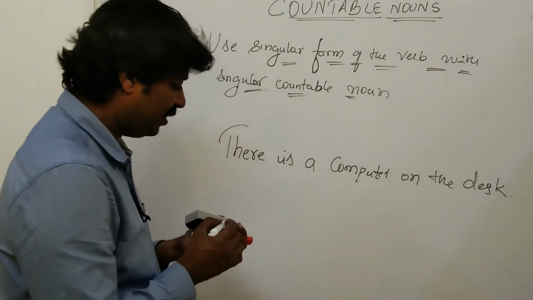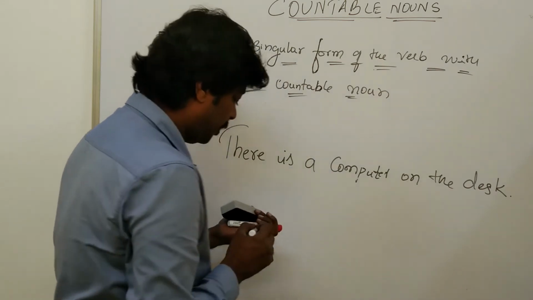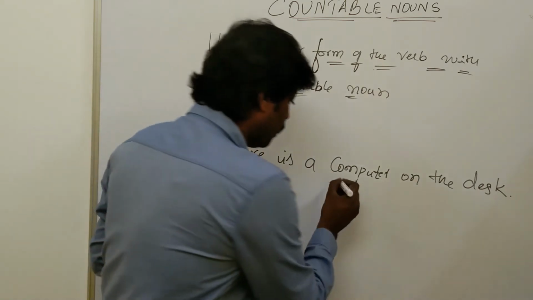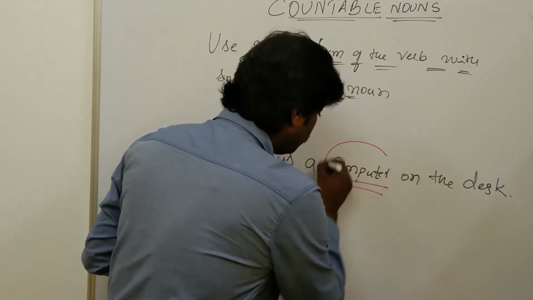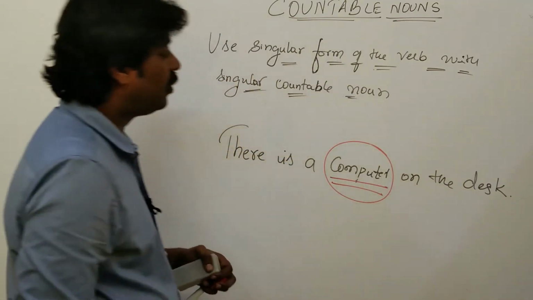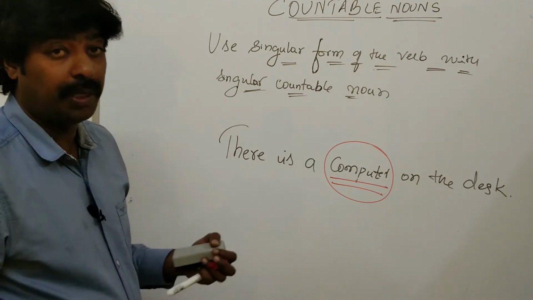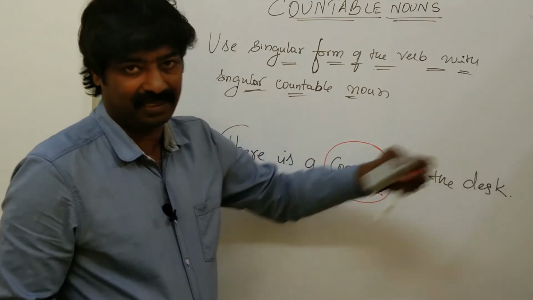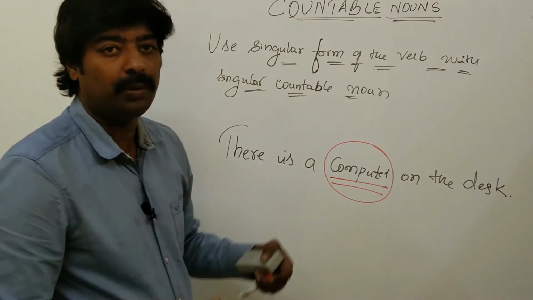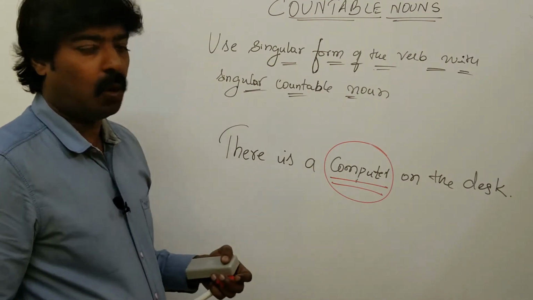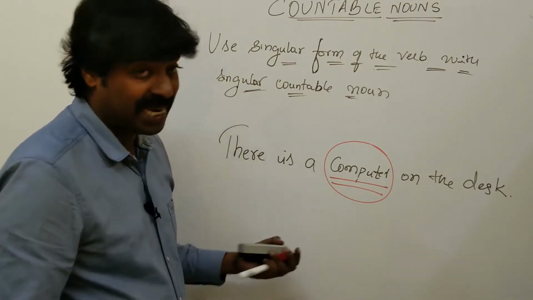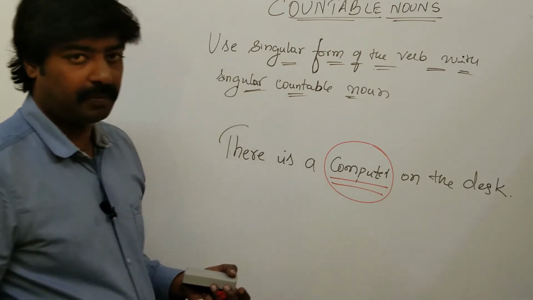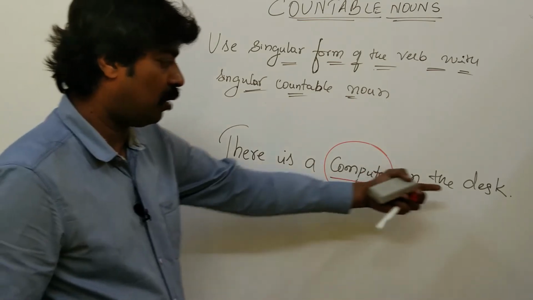Now in this sentence we have computer. Computer is a countable noun. Again, we could say even desk, because we can count number of desks, or you can also call it a table. A table is also a countable noun.